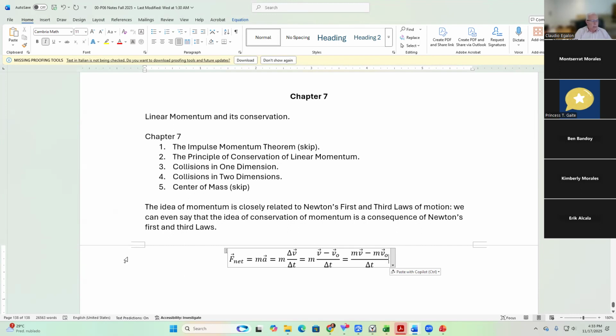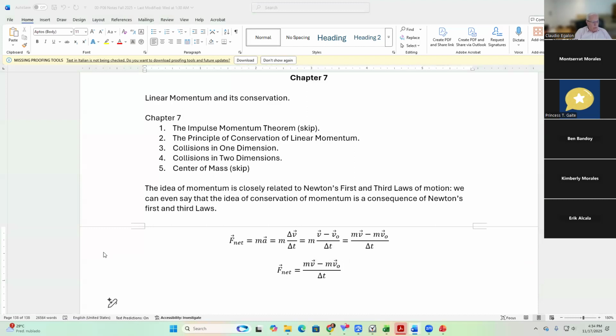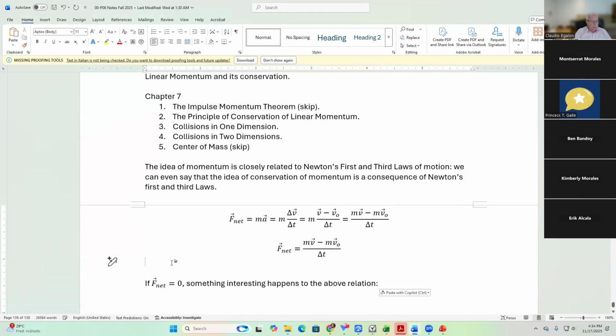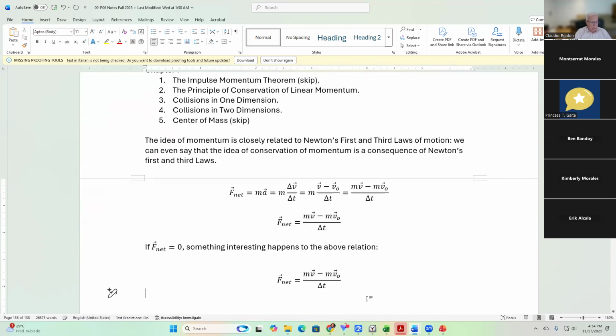Okay, and I'm gonna just rewrite the last result here. That's what we have, mv minus mv naught over delta T. If the net force applied to an object is equal to 0, something interesting happens to the above relation. What you have right in here is equal to 0, right?